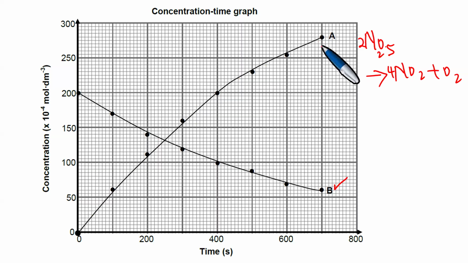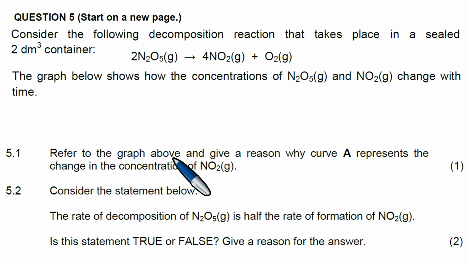And the question is, refer to the graph and give a reason why A represents the change in the concentration of NO2. Why is it that A represents a change in the concentration of NO2, where NO2 is a product?